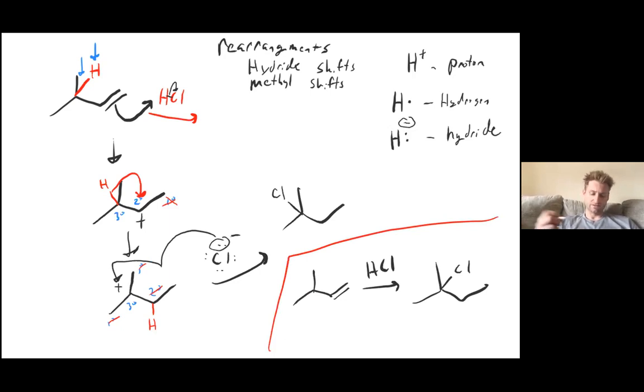So hydride shifts tend to happen when you have secondary positions that are next to tertiary. Or the less likely situation is when you have primary next to secondary and primary next to tertiary.